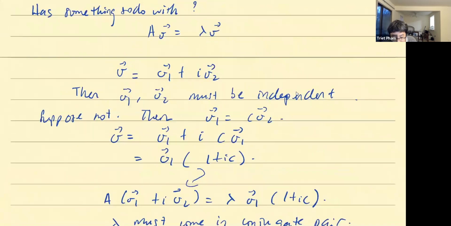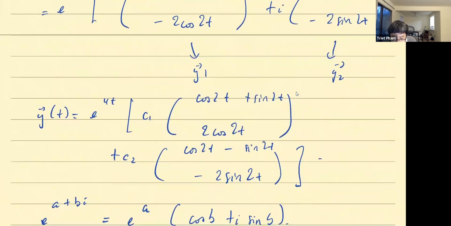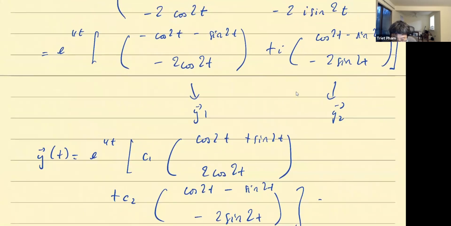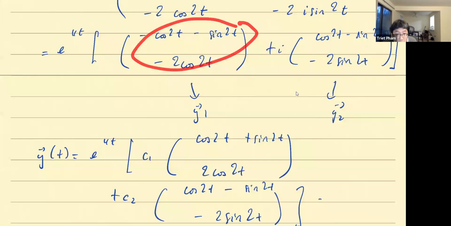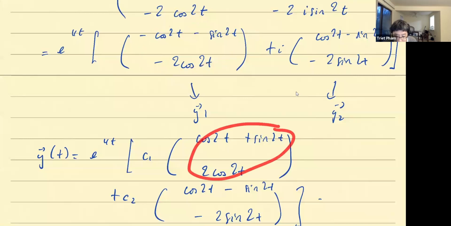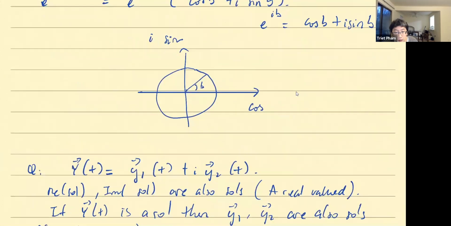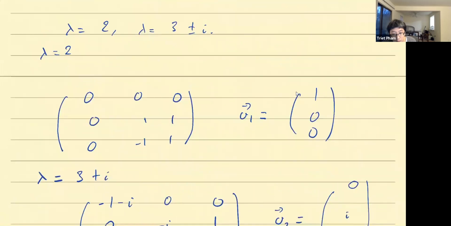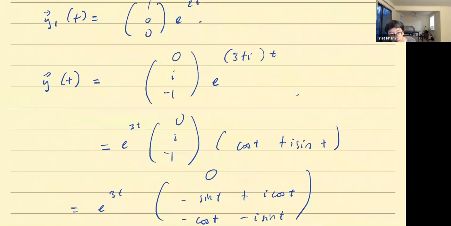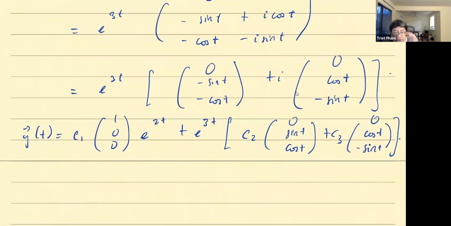Same thing as here, actually. I use the same trick here. Where was it? Right? I got a bunch of minuses here. I drop them here, understanding that C1, C2 are free to choose. So that's actually fine. Yep.